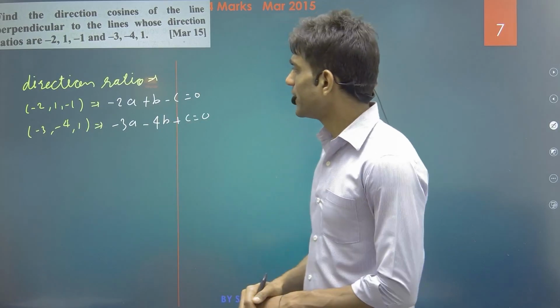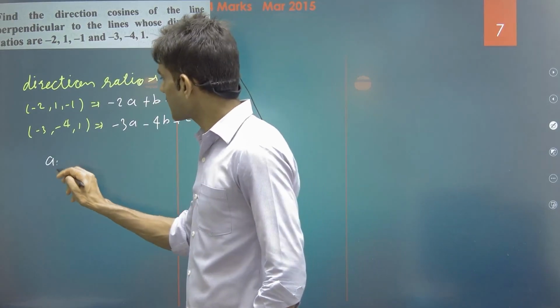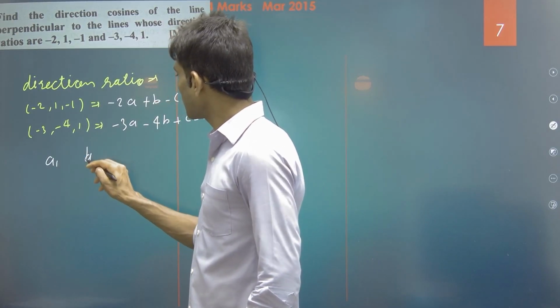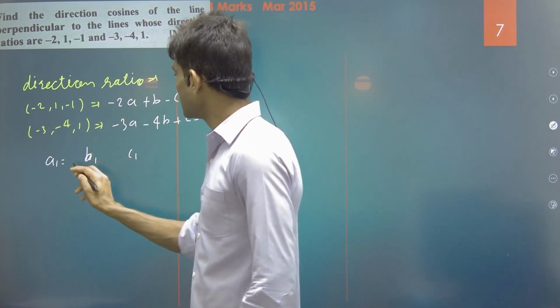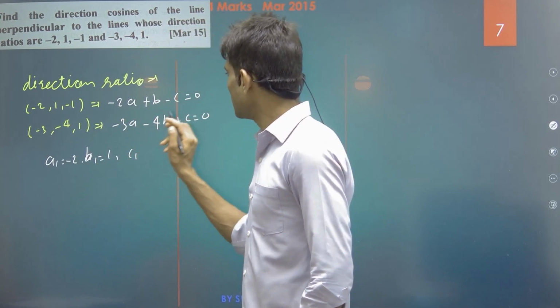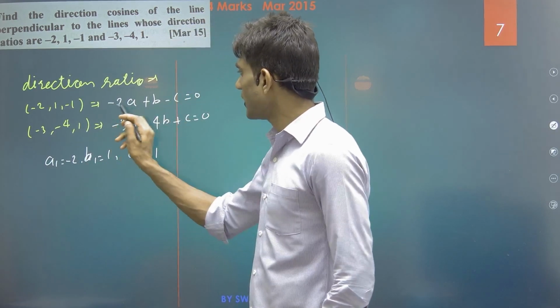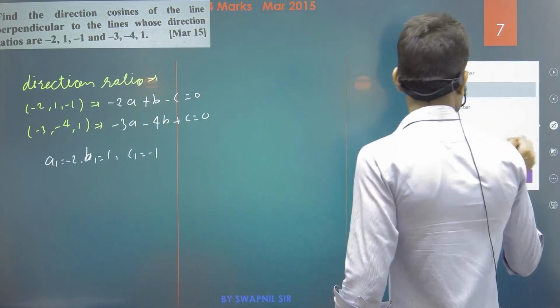Using these we can write the values for A1, B1, C1. A1 is minus 2, B1 is 1, and C1 is minus 1. Similarly for A2, B2, C2.